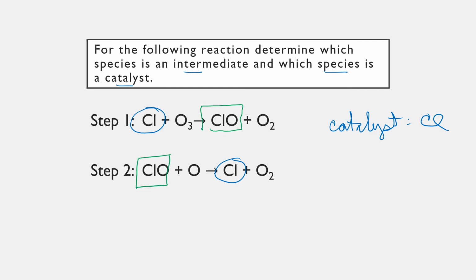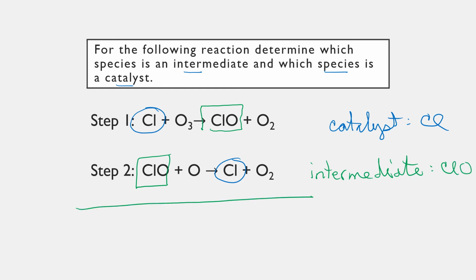So that is my intermediate. So ClO. Now, let's just write the overall reaction. So we have O3 from the first step plus O yields 2 molecular oxygens. That's it.